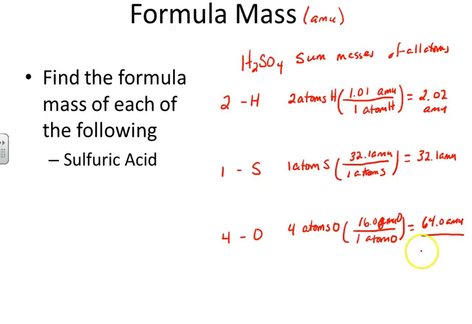If we add all this together, we would have 98.12 AMU. Looking at sig figs, we would go to this location, and this is probably best written as 98.1 AMUs. Okay, so rather simple. All we do is find the mass of each element present in the compound and then add everything together.